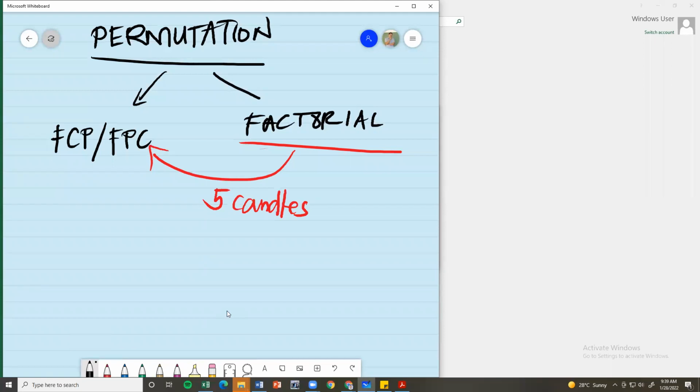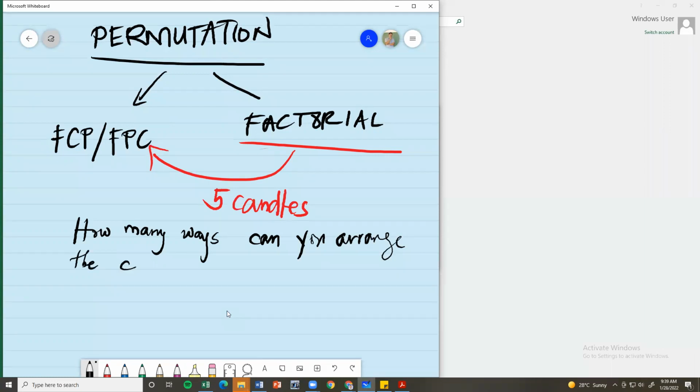Okay, so the question is, how many ways can you arrange the candles in front of the, anong tawag sa English ng puntod?